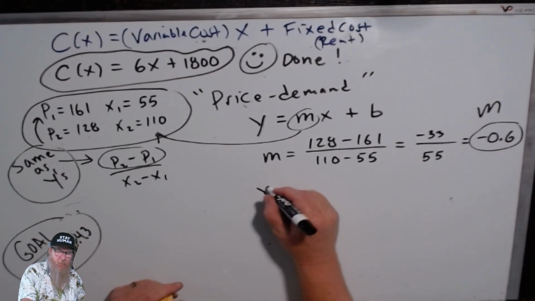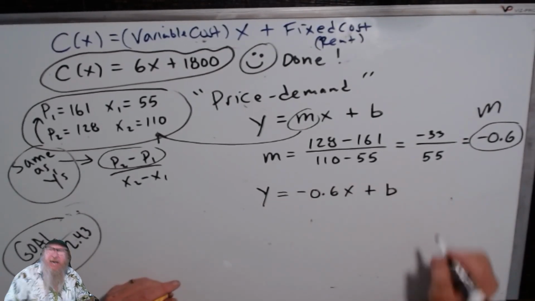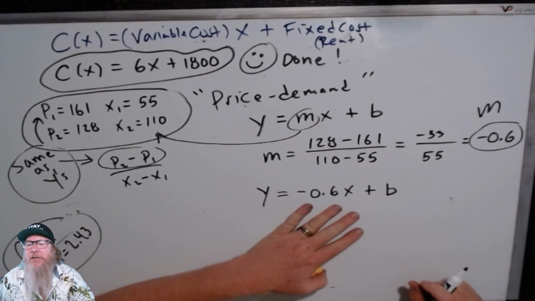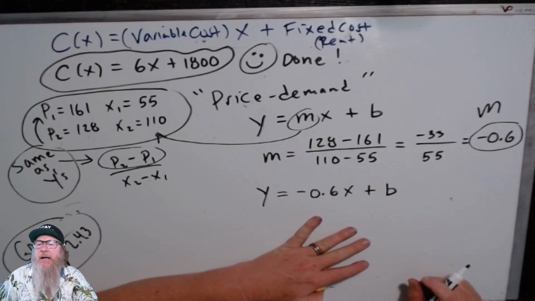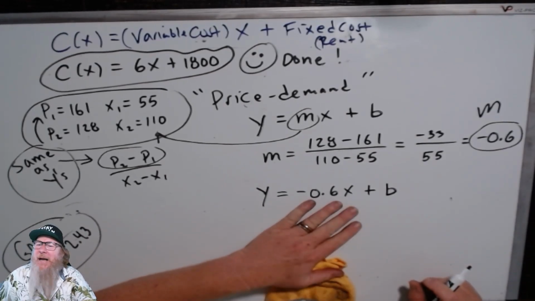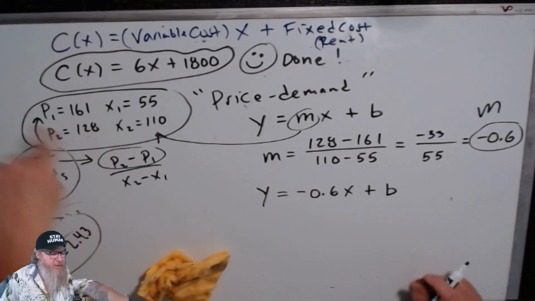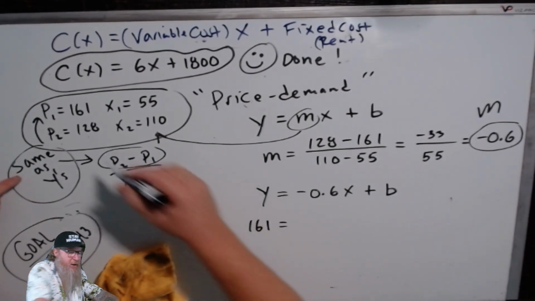Okay, so now I've got y equals negative 0.6 x plus b. There are more sophisticated methods for finding this equation from basic algebra or intermediate algebra. I just always go back to this because it's so much easier for me and for my students. I just pick one of these pairs. So price is 161.